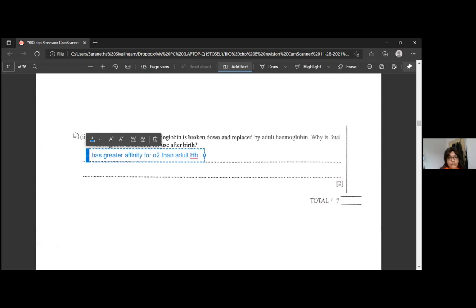The other thing I can talk about is that in our atmosphere, the partial pressure of oxygen is high, so you don't need that much. The hemoglobin doesn't have to have such a high affinity for oxygen in our atmosphere compared to the placenta. So that's why it's broken down afterward.